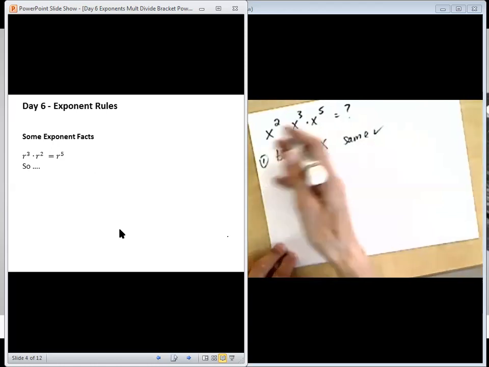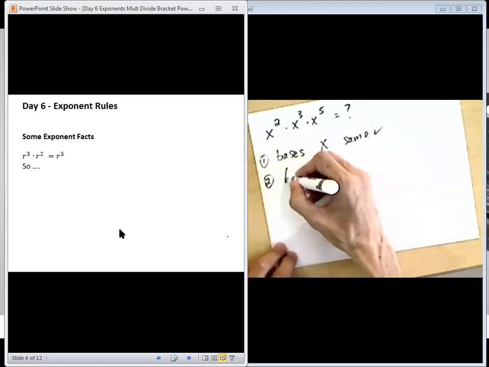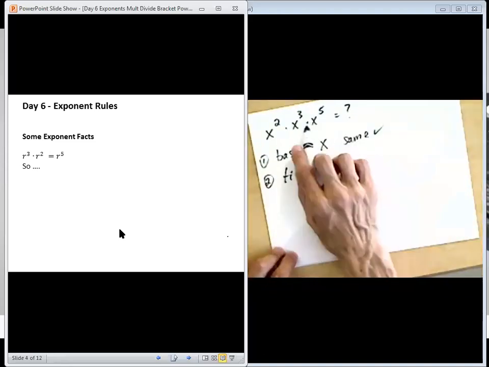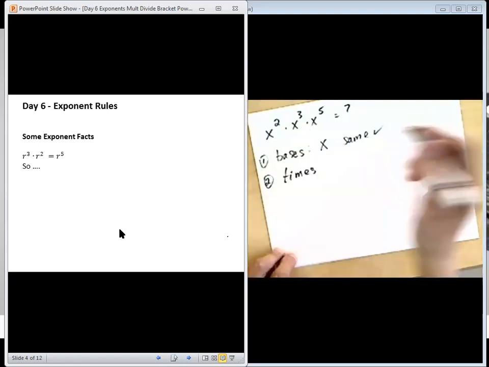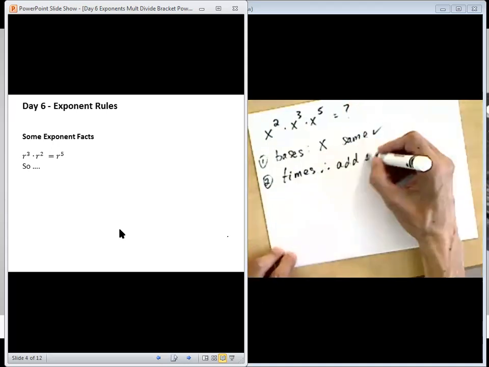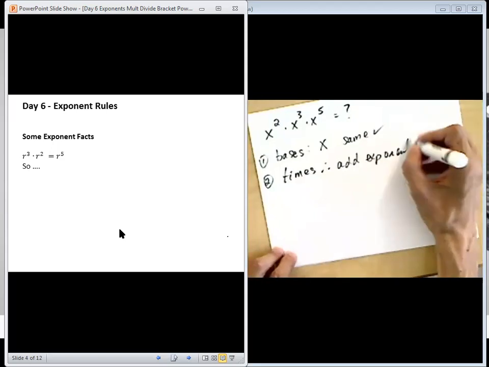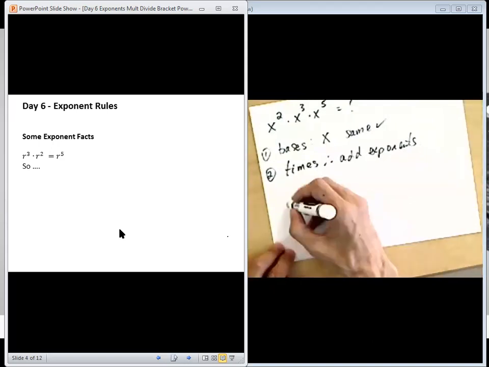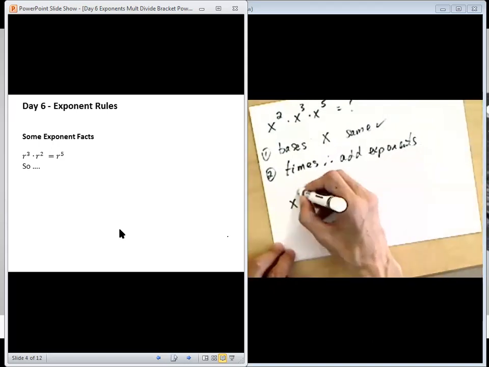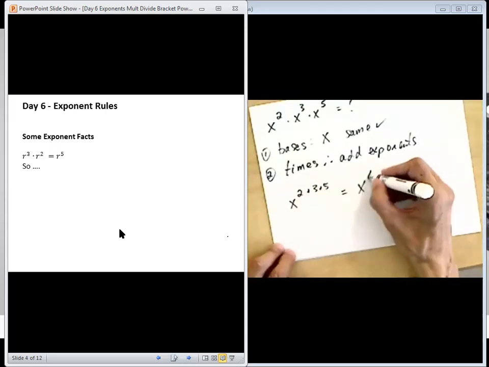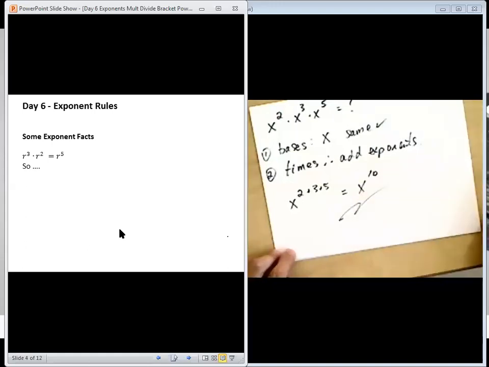The second thing to look for is that we're multiplying, right? Okay, that's good. And so therefore, what does our rule say? Add the powers, add the exponents, right? So what do we get? X to the 2 plus 3 plus 5, that will give x to the power of 10 like that. Zoom agrees. Thank you, Zoom.